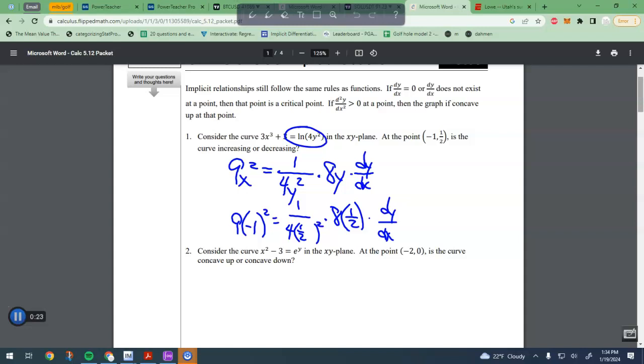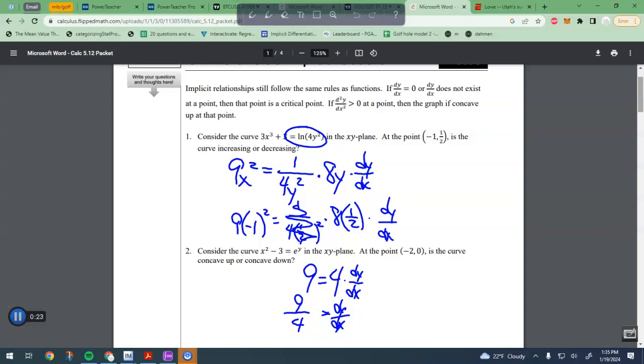Let's start here. What's a half squared? 1/4, and then 4 times a fourth is 1. 1 divided by 1 is 1. So this is all just useless. So really we have 9 equals 4 times dy dx, because negative 1 squared is just 1. So dy dx equals 9/4.